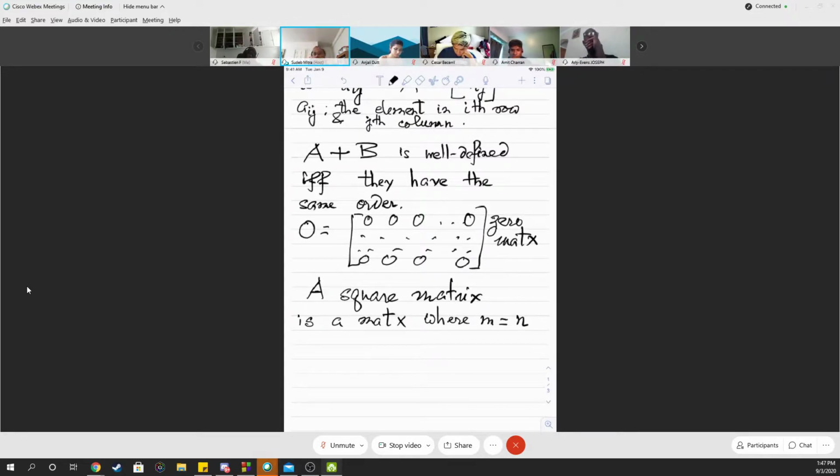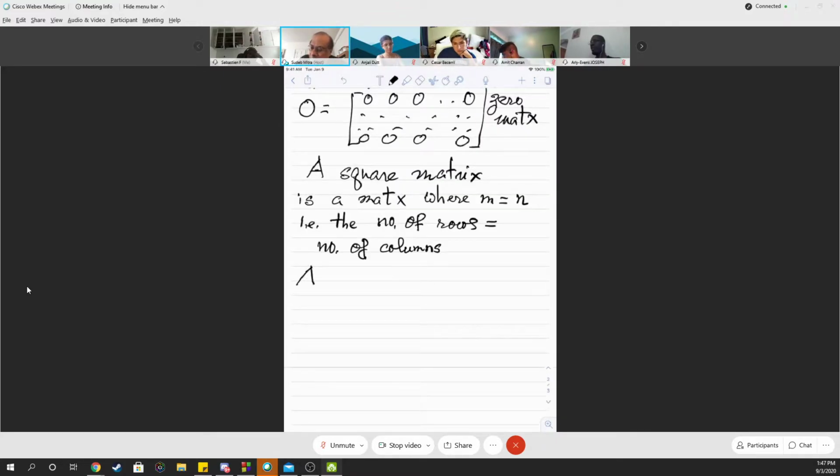That is, the number of rows is the same as the number of columns. That's a square matrix. So a diagonal matrix is a square matrix. So just a minute, you keep writing.